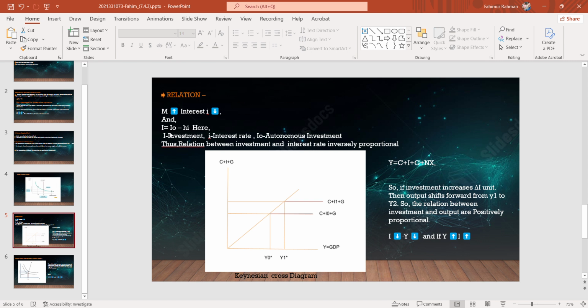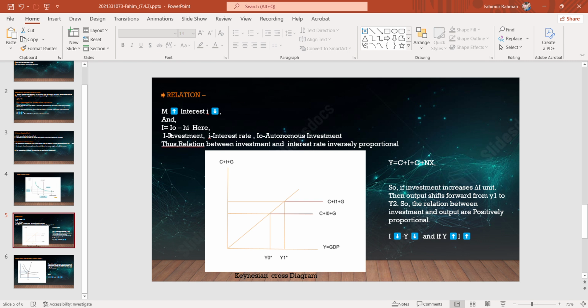After that we will see a graph which is the Keynesian cross diagram, where the x-axis represents the level of GDP, or we can say the output, and the y-axis represents the aggregate expenditure, C plus I plus G. Here C is consumption, I is investment, and G is government purchases of goods and services.